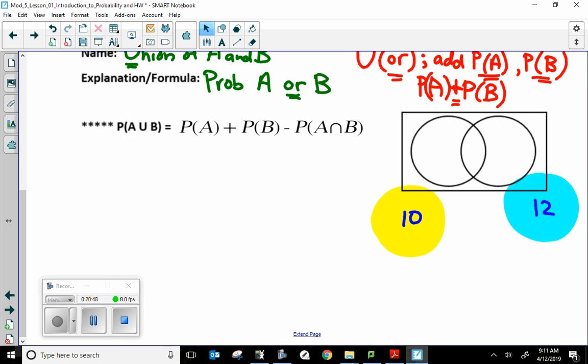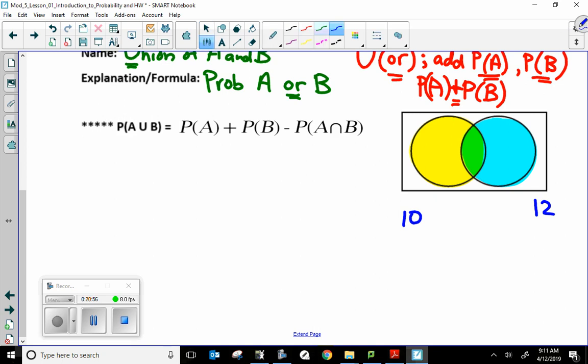There's a total of 22 kids. Now let's say out of my 12, which are in probability B, 9 are here and 3 are in both. Which means I'd have 7 here. So my 7 and my 3 would give me my 10, right? My 9 and my 3 would give me my 12.